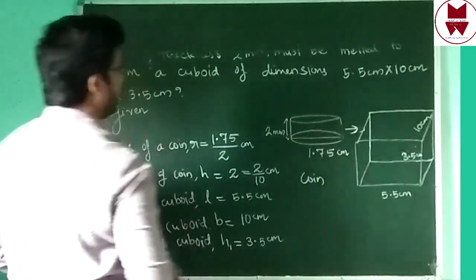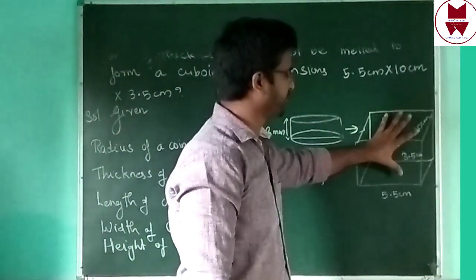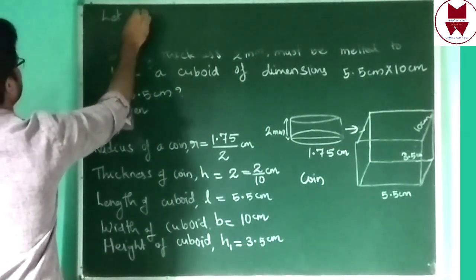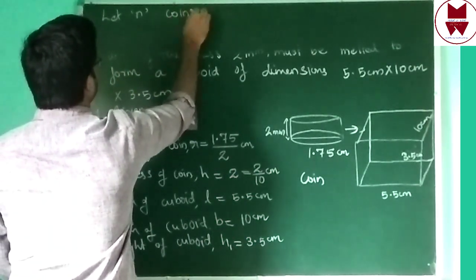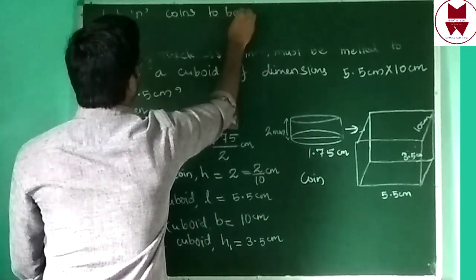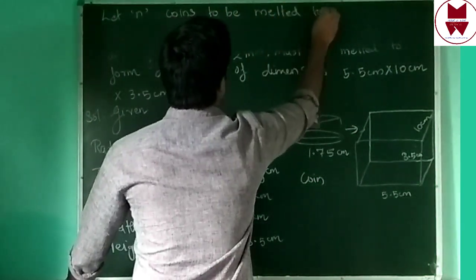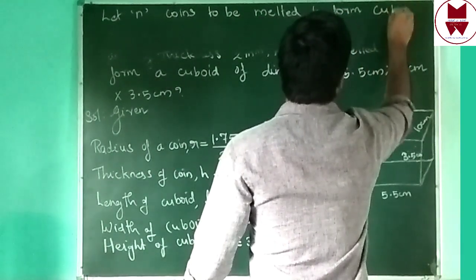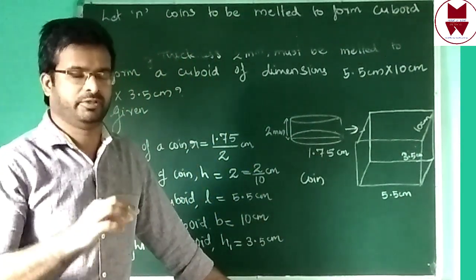Then our question: how many coins will we use for making this cuboid? We don't know, we can take let n coins to be melted to form the cuboid. We will use n coins, maybe 20 or 30.